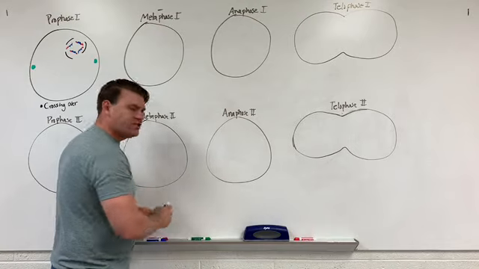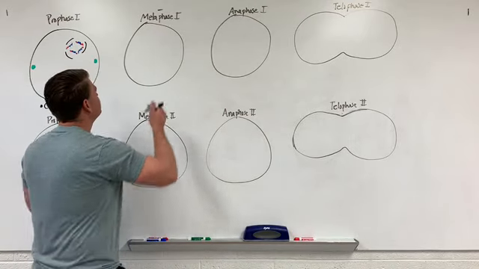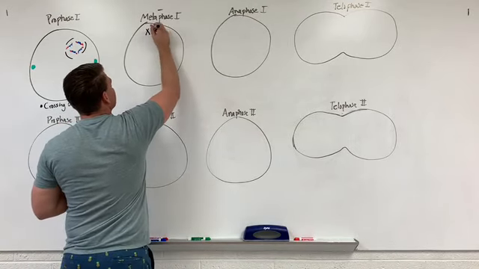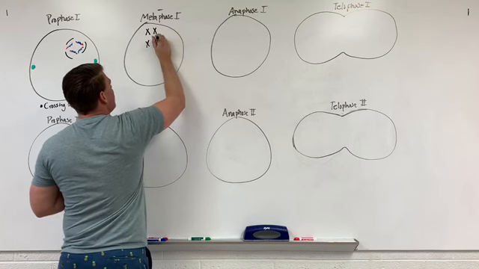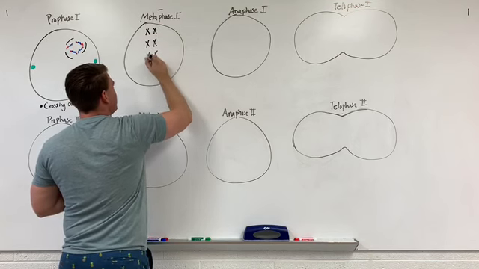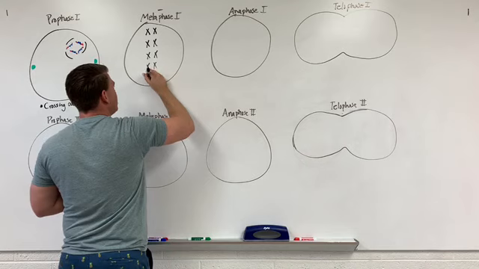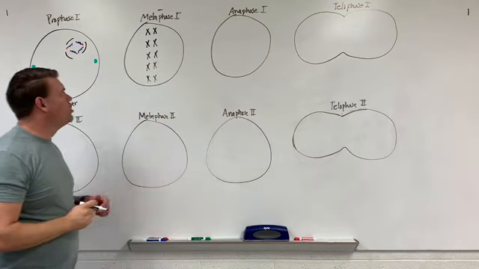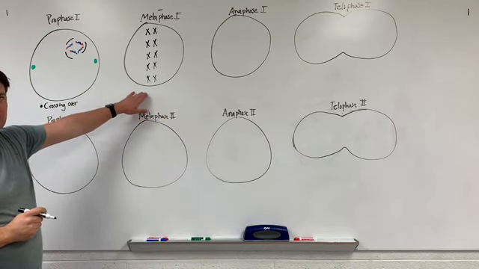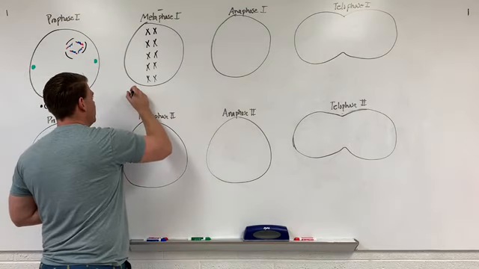Metaphase 1, so the difference we're going to see here: before, we had our sister chromosomes line up in the middle. This time we're having our homologous chromosomes line up in the middle.